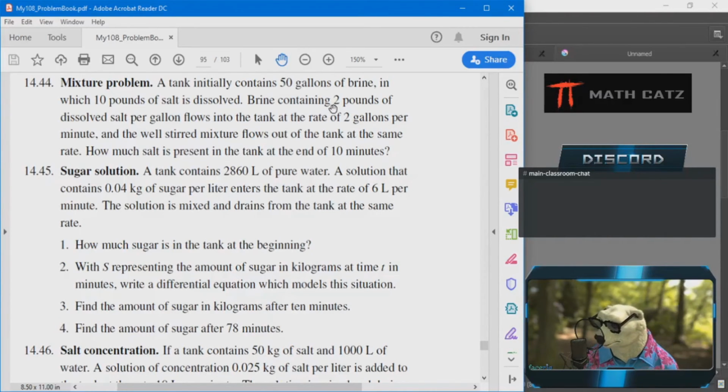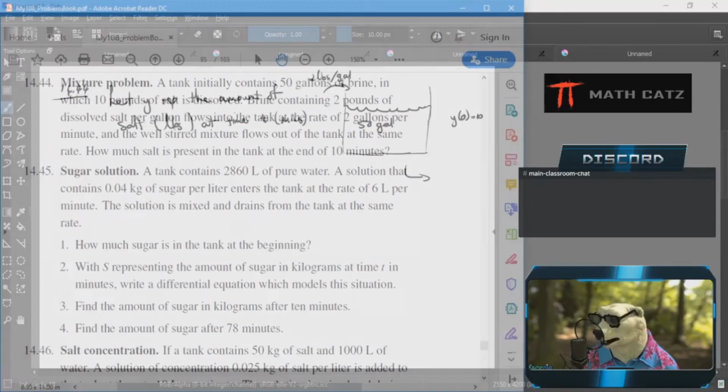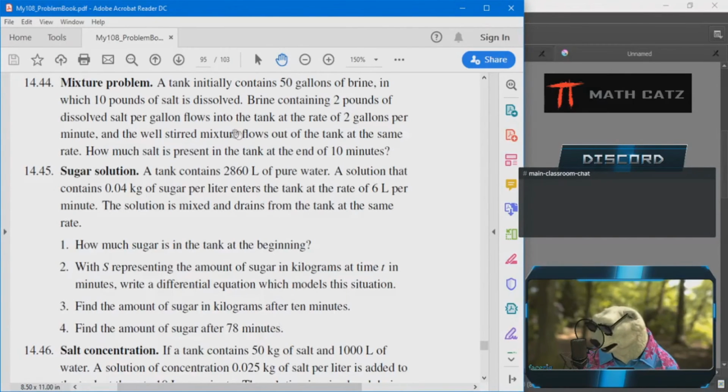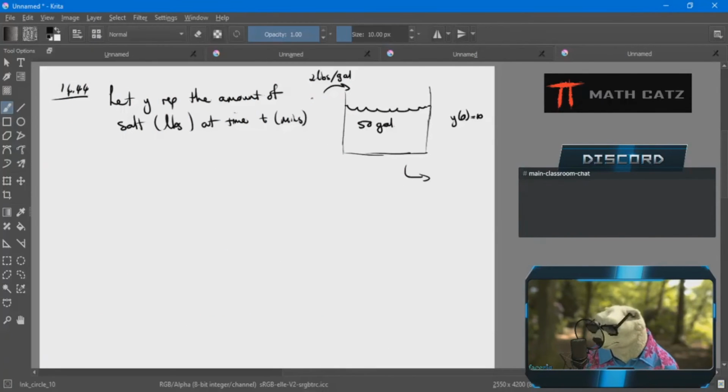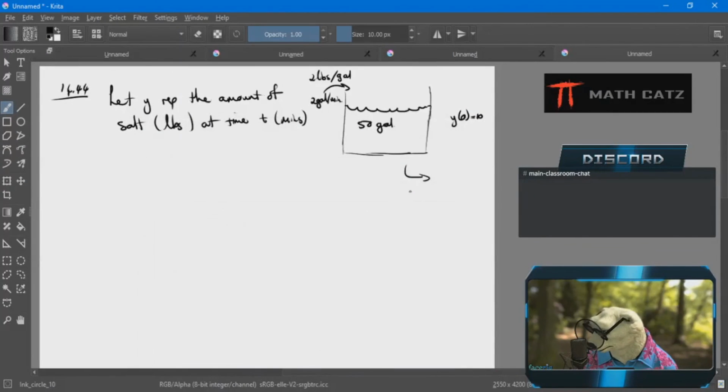It contains 2 pounds of salt per gallon. So 2 pounds per gallon coming in at a flow rate of 2 gallons per minute. And it's flowing out at the same rate of 2 gallons per minute.